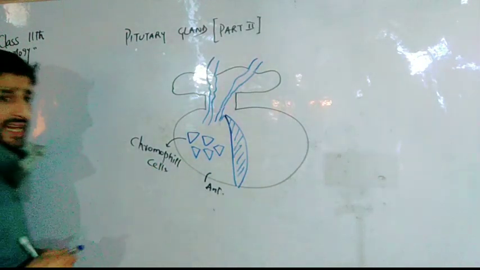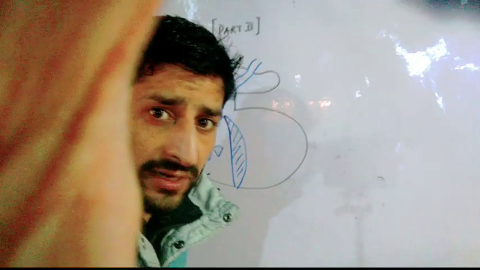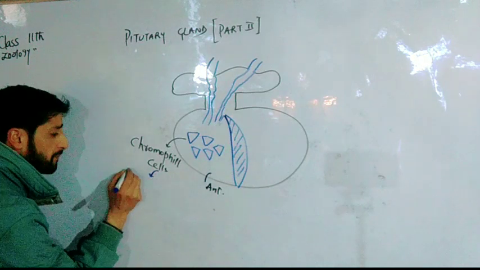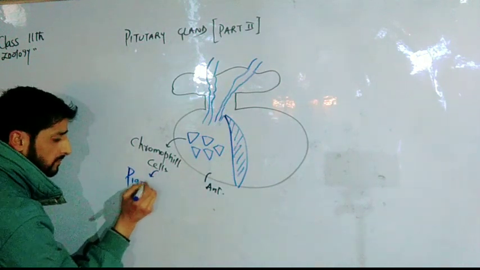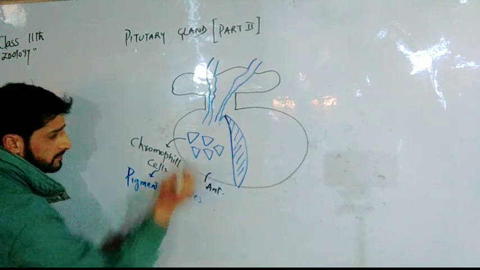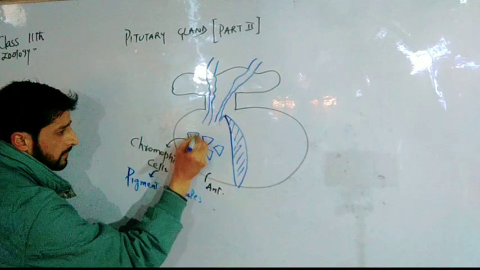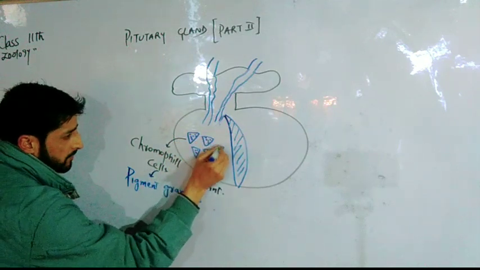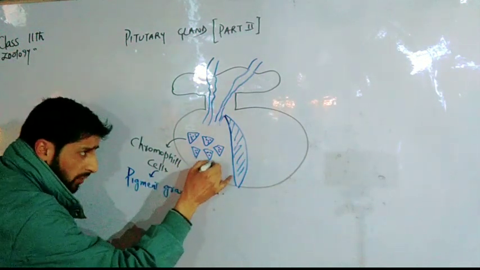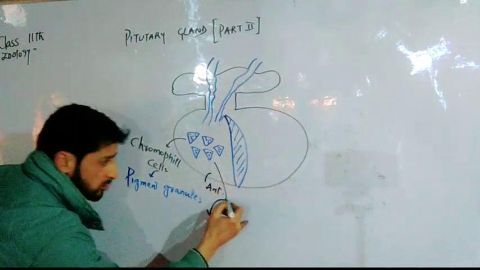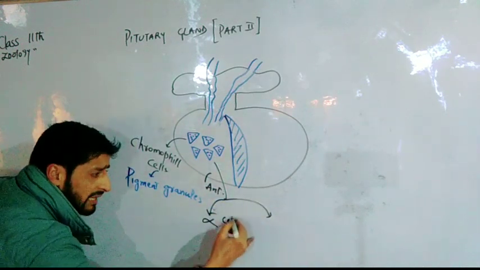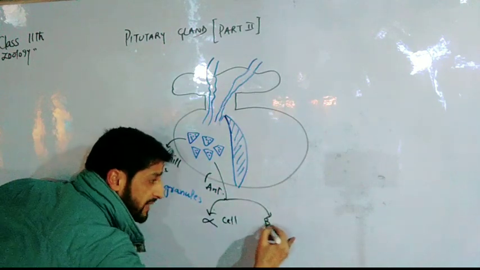These chromophil cells contain pigment granules. Basically, the chromophil cells in the anterior lobe of the pituitary gland are of two types. One is known as the alpha cell, the second is known as the beta cell.